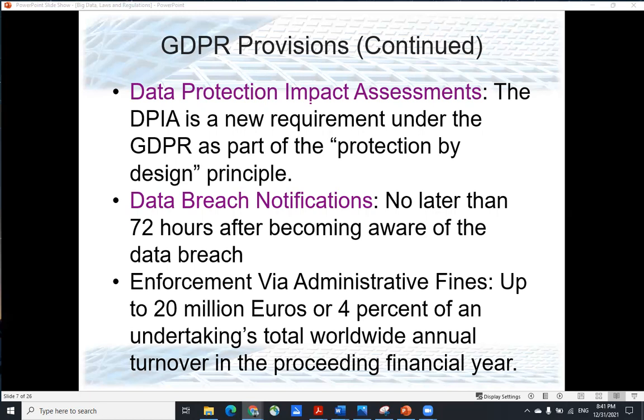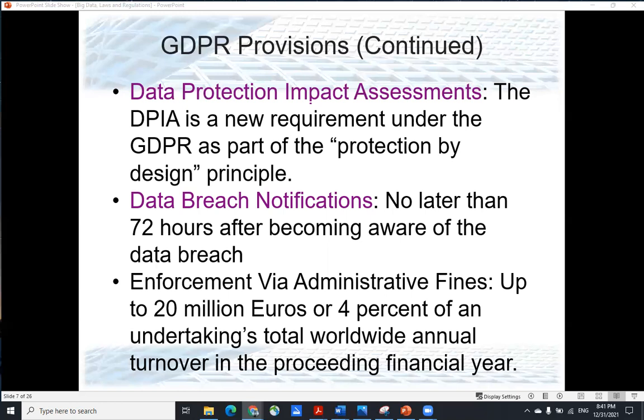This means anything that involves high risk to other people's personal information. The GDPR has a lot of rules, and some of them are old ones, that organizations must follow in order to protect the data of the client or the customer.